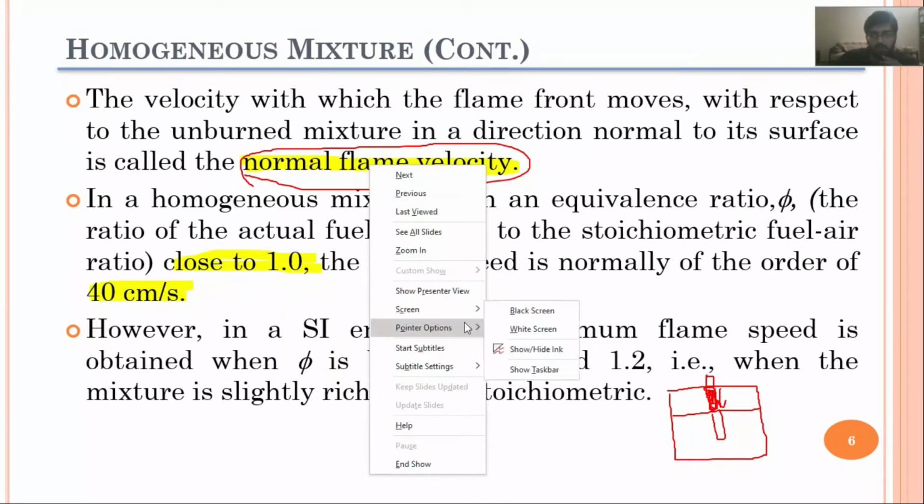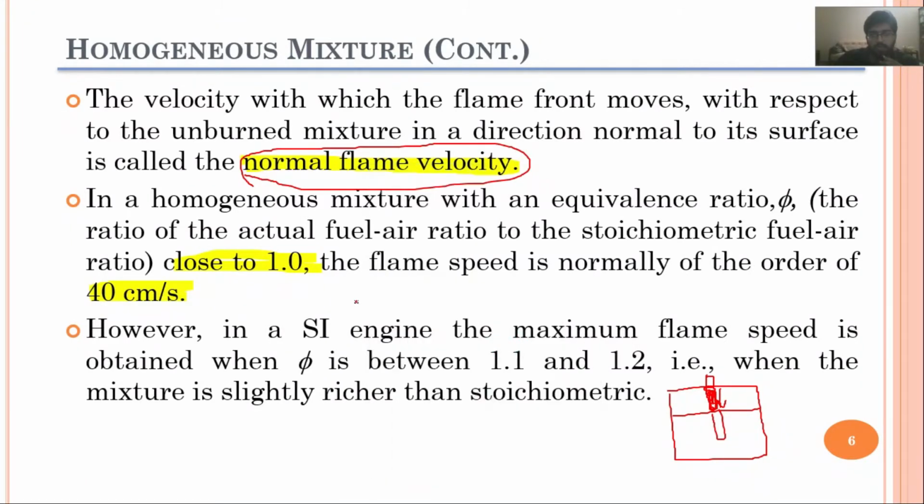I have already explained in the video tutorials of chapter number 1 that equivalence ratio is the ratio between the actual fuel air ratio to the stoichiometric fuel air ratio.